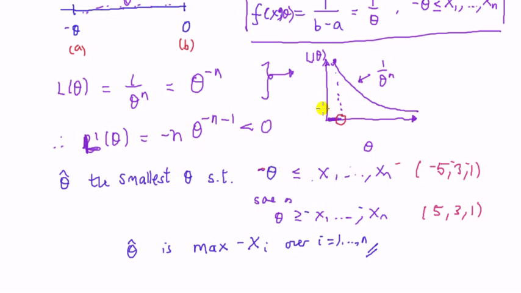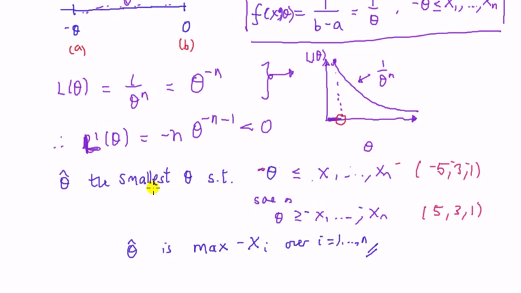From the likelihood function picture, we can see that the MLE is the smallest theta. But theta is constrained because minus theta has to be less than this. It's the minus here that makes this question harder than it is. So minus theta less than this is the same as theta bigger than this.